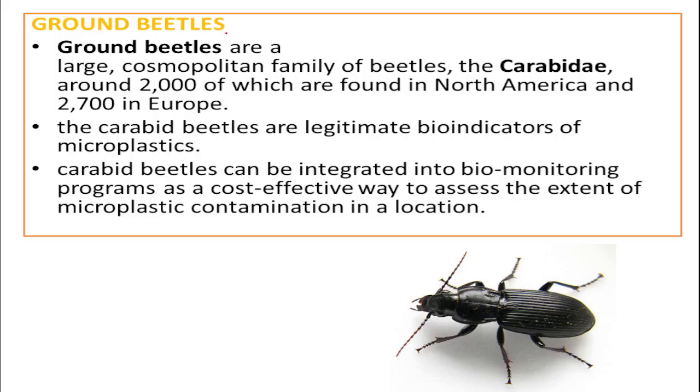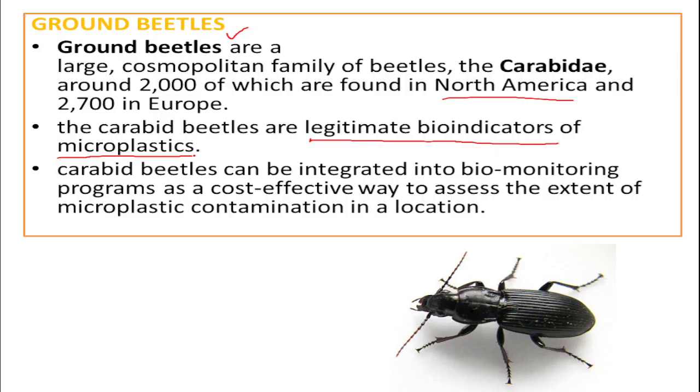Ground beetles. Now, these beetles are a large cosmopolitan family of beetles found in North America and 2,700 in Europe. So these are the diversity of species found in different geographies. Here these beetles are legitimate bioindicators of microplastics.